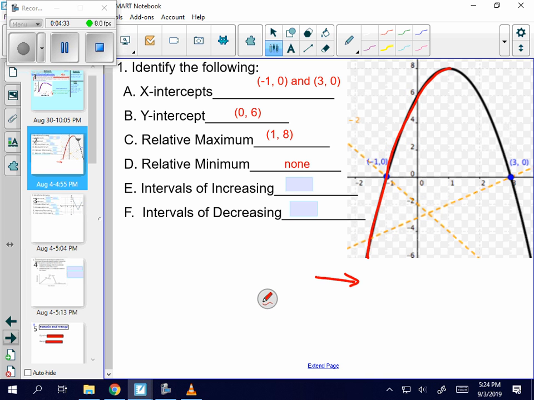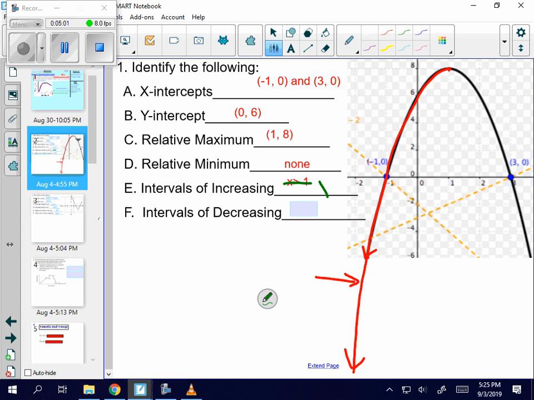I believe I have the wrong digits, but I'll fix them in a second. It looks like the increasing happens, well, it goes on for infinity this way, but the increasing ends when I get to 1. But it was going on forever down here. So basically, anything less than 1 is where I have an increase. Oh, and I do have that backwards. I'm going to pause and fix that.